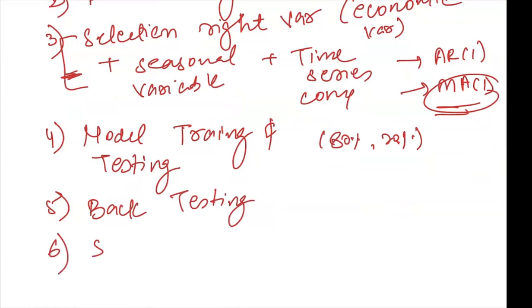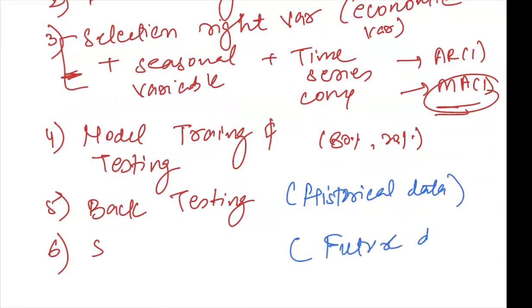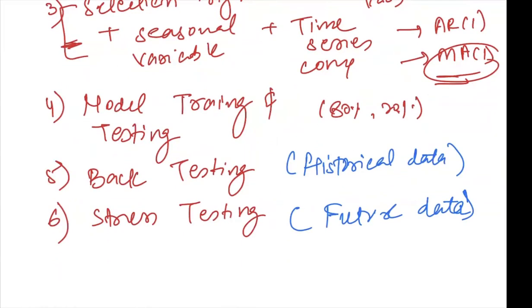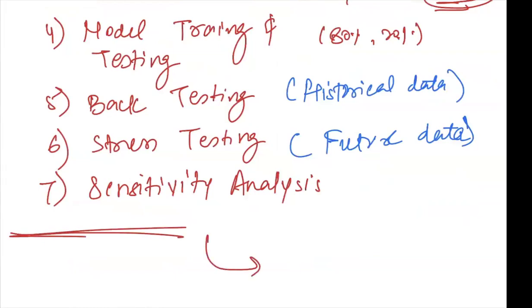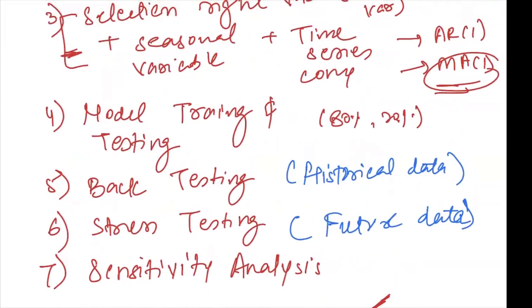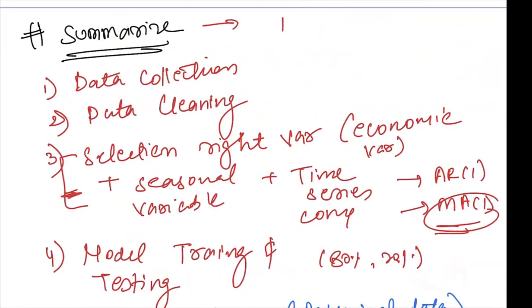Backtesting is always on the historical data, and stress testing is always on the future data. The next step is sensitivity analysis. And if the results are good for all of these, that's where you can say the model has done a great job and has passed all of this. So this is the complete model life cycle of a model built for DFAST.